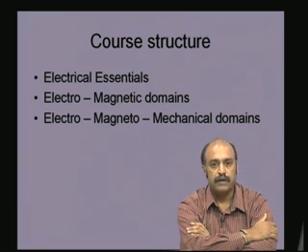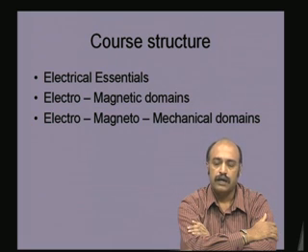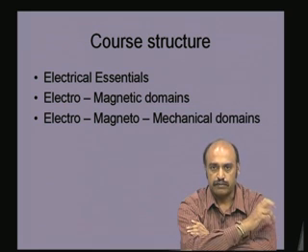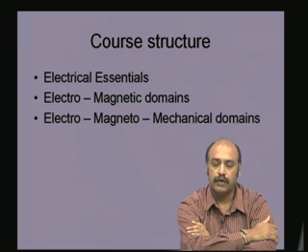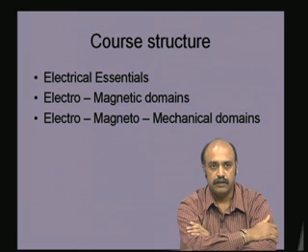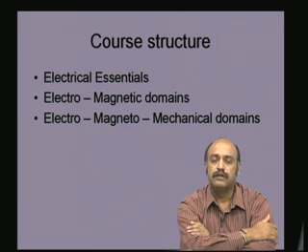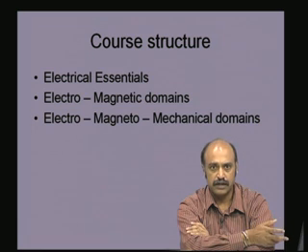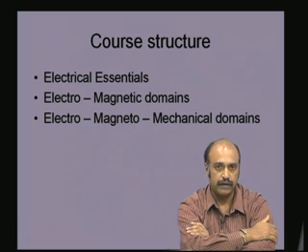The second part will focus on electrical equipments which are the electromagnetic domains, mainly transformers. Transformers are electromagnetic devices, and therefore, they are called the magnetic transformers, which transform the electrical energy from one electrical energy domain to another electrical energy domain without contact.